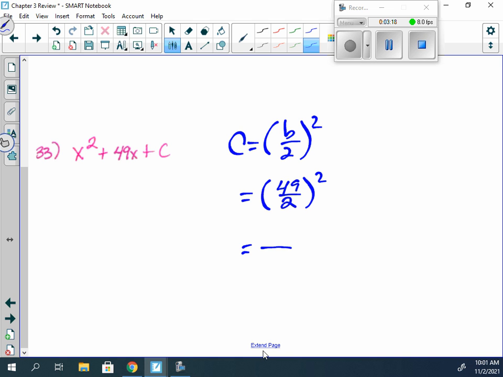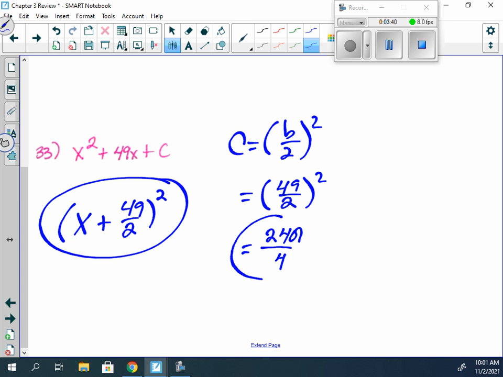No. If you want to turn it into a decimal, you can, or we can leave it as 2,401 over 4 as our value of C. And if we want to factor it as a set of parentheses squared, it'd be x plus 49 over 2. And that's all it would be looking for.